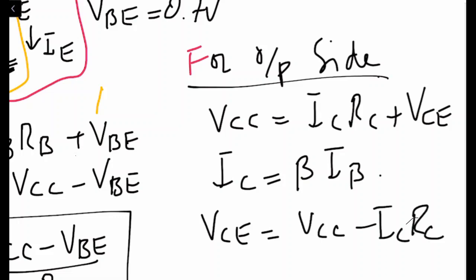So we can also see in the circuit that VCE is basically the potential difference between the collector voltage and the emitter voltage.